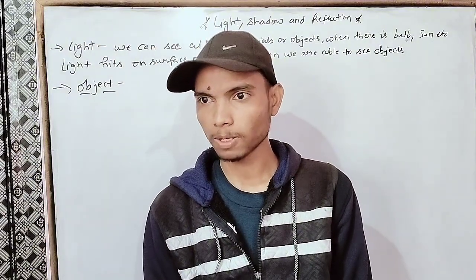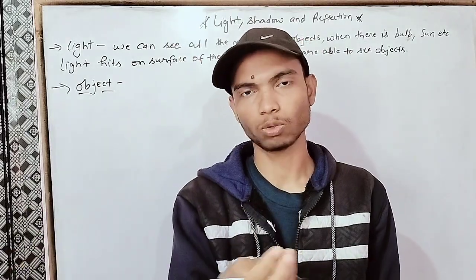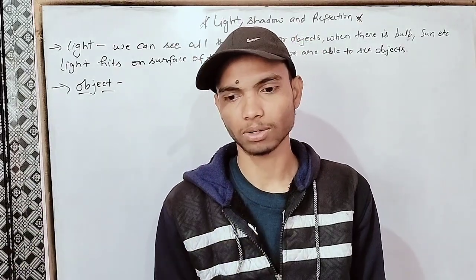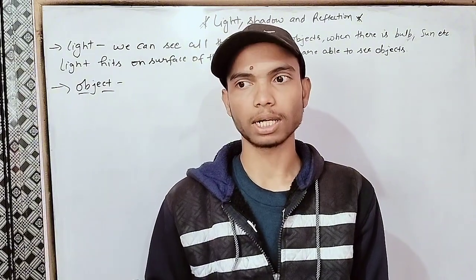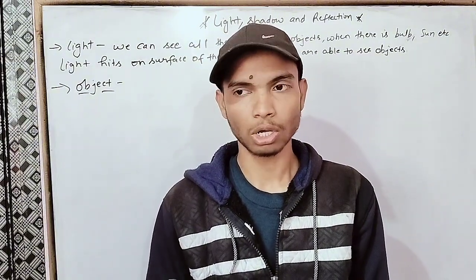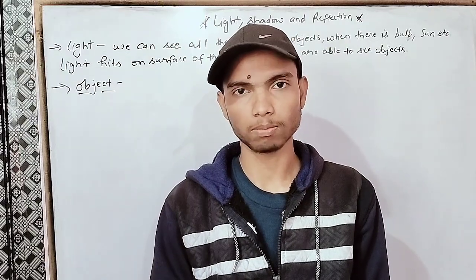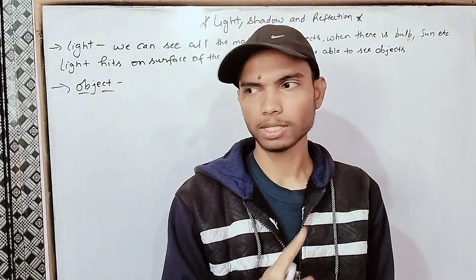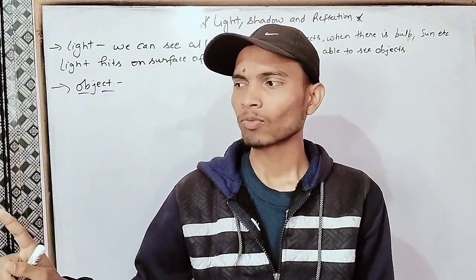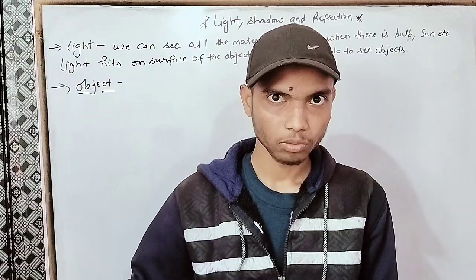So the meaning would be, first of all, the properties. What are the properties of an object that we can say, yes, this is an object? These are the properties of an object. The first property is that we are able to see it.